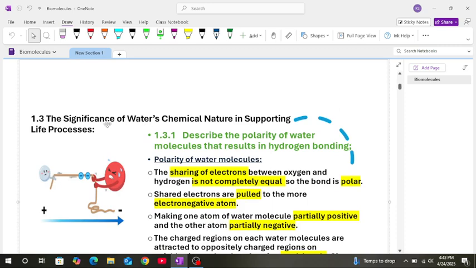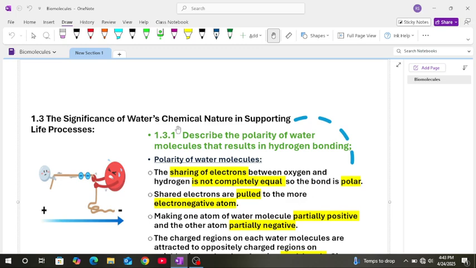See, the major, broader topic we have for water specifically is the significance of water's chemical nature in supporting life processes. Water is very essential for different chemical reactions, and it has its role in different chemical reactions in our body because of the unique properties it exhibits.